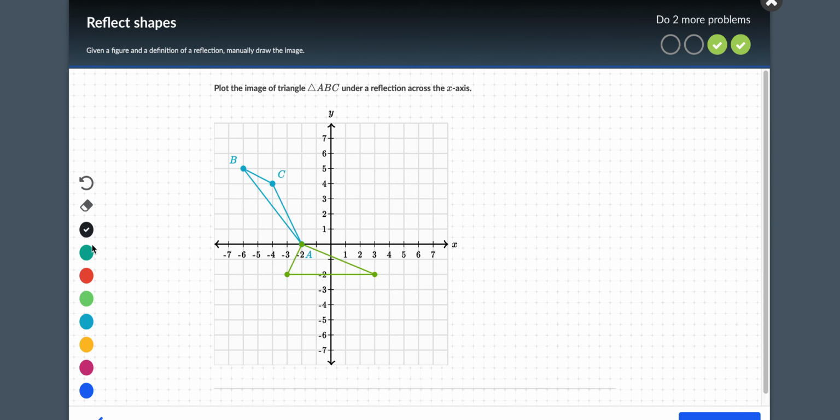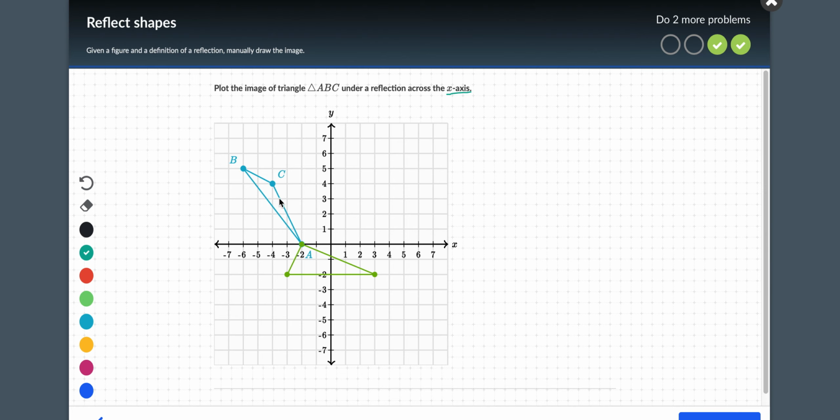Alright, 2 more. Okay, so A is on the line, so we'll just put it there. And also make sure you're paying attention as to if it's the x or the y-axis, because in this case it was the x, because it seems like it would be the x, but they could also rotate it across the y, and if you don't look at that, you don't know.